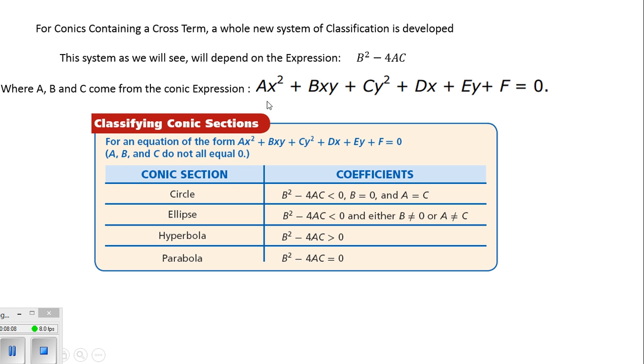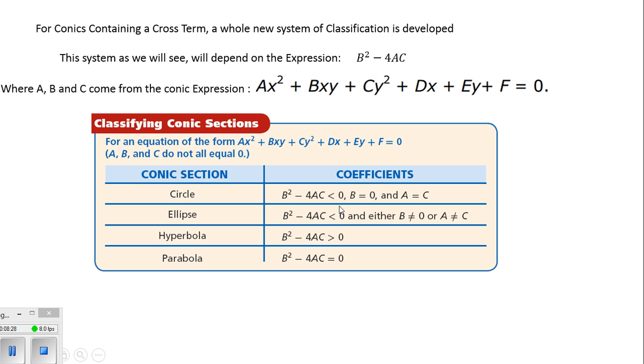So here we go, and all we do is take our conics, and we'll look at some examples in the next slide. When the A, B, and C terms are identified, I guess we can just call this the discriminant, because it's the same form.